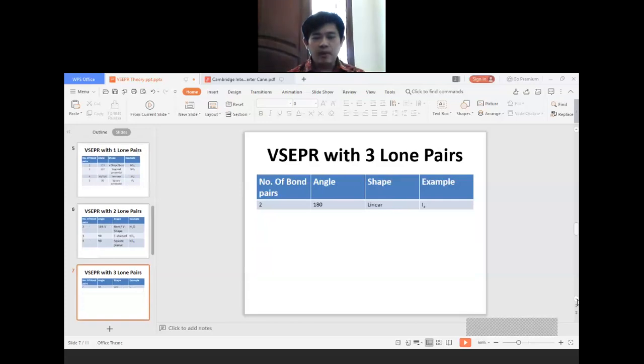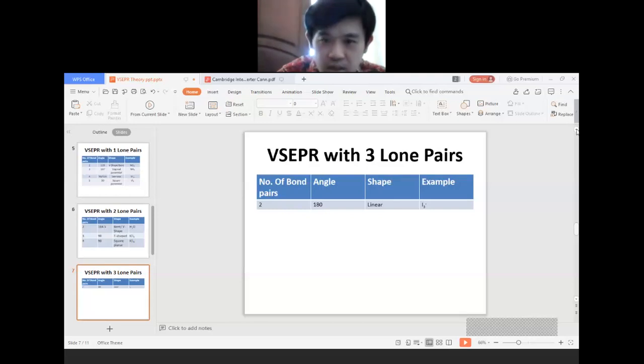With three lone pairs, there is a polyatomic ion with two bond pairs and three lone pairs. It has the shape of linear. Linear always has the same bond angle.